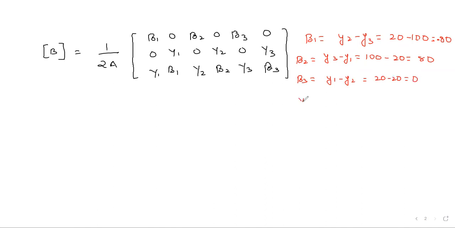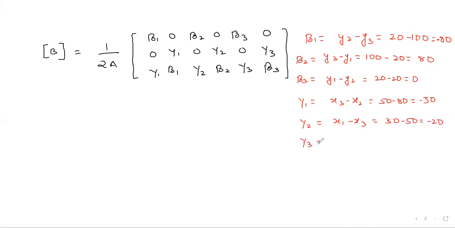Then coming to gamma 1, it is going to be x3 minus x2, 50 minus 80, that is minus 30. Then gamma 2 is x1 minus x3, that is 30 minus 50, minus 20.